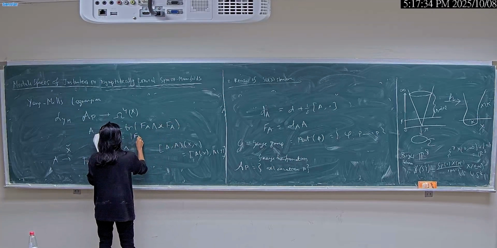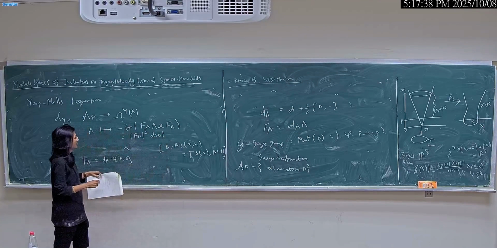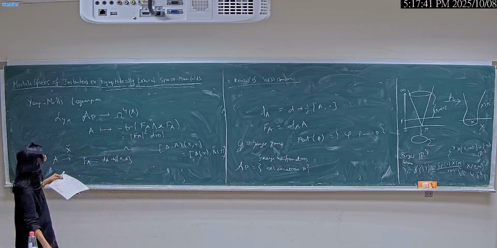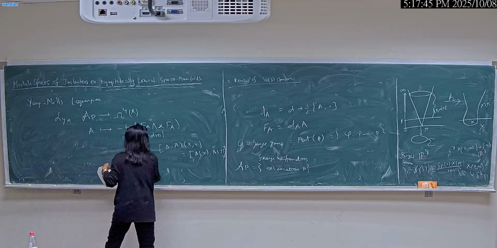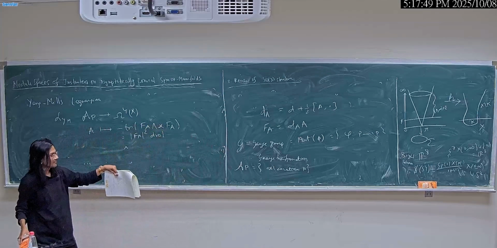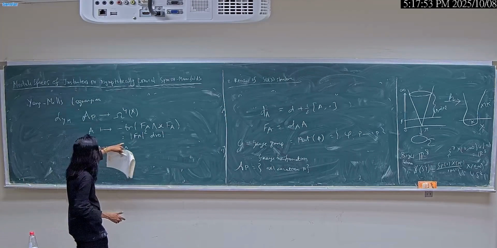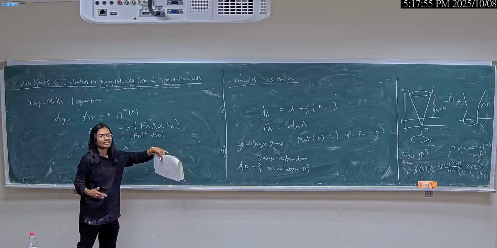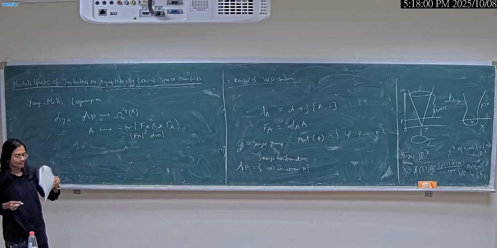This is nothing but the norm squared. Remember, your connection is a 1-form and curvature is a 2-form. So F_A with Hodge star F_A, in dimension 4, the Hodge star of a 2-form is again a 2-form. So this is a 2-form with a 2-form, which gives a 4-form. So basically you are giving it a connection and getting a 4-form.